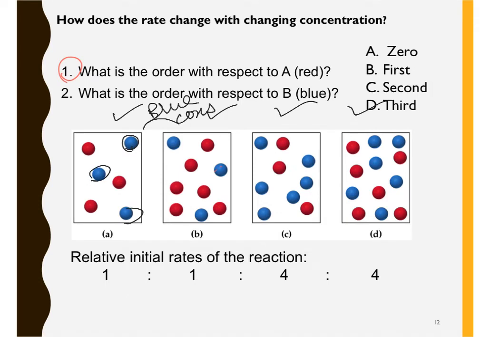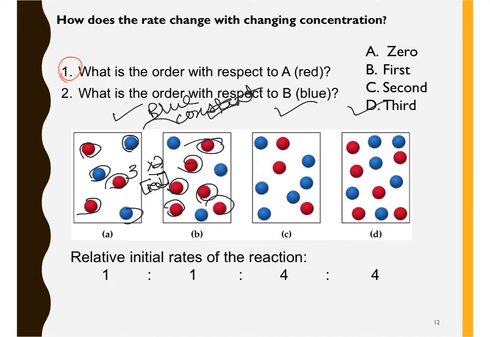It's not changing when we compare A to B. And then you also want the concentration of the reactant you're interested in to change. So red is going from 3 to 6. We have doubled the concentration of red in going from A to B.